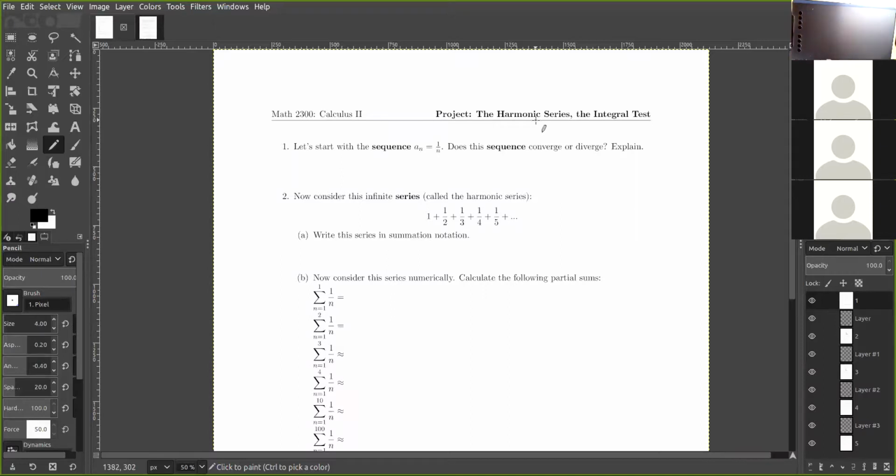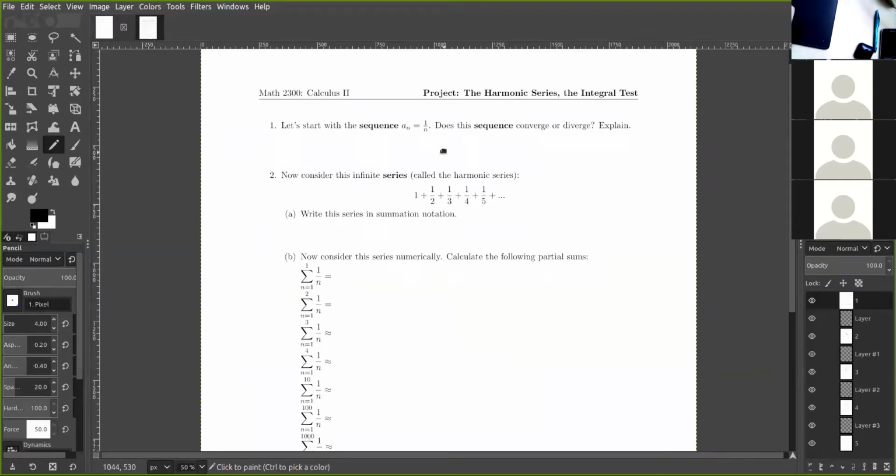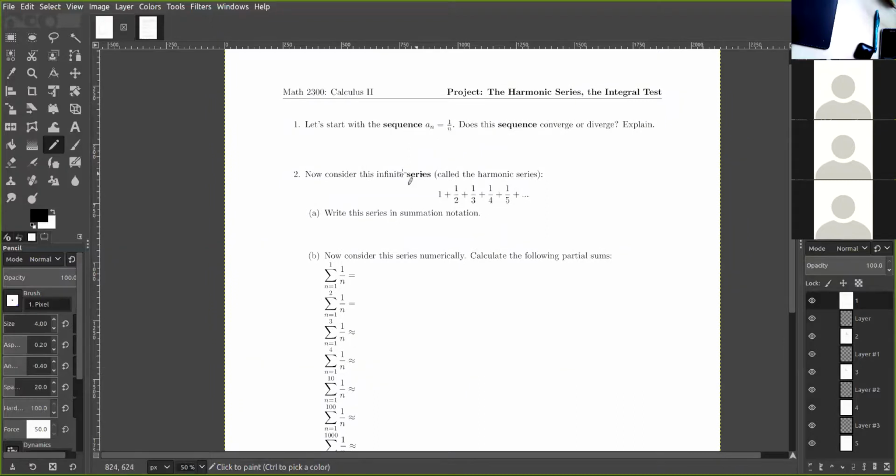So maybe it's not going to be helpful for computing specific values of sums of series, but maybe at least it can help us get a sense of a test of when a series will converge.